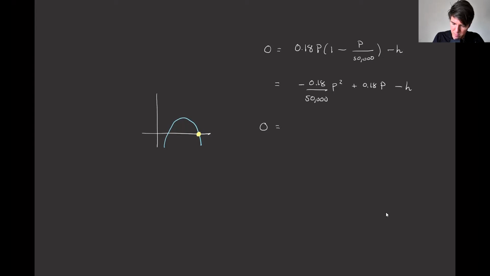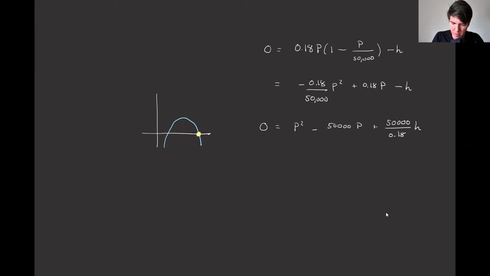And if you do, what we'll get, I think, is p squared minus 50,000 p plus 50,000 over 0.18 times h.